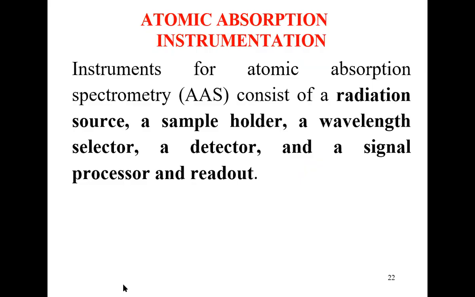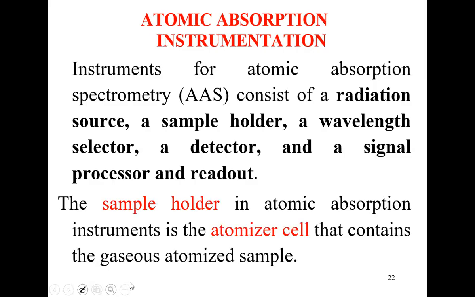Okay, so we have talked about AA, with a summary of the instrument for atomic absorption, which consists of a radiation source, a sample holder, wavelength selector, detector, and a signal processor readout. You have a sample holder. We all know what the sample holder will be. What is the sample holder in AA?